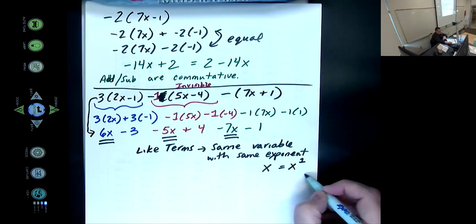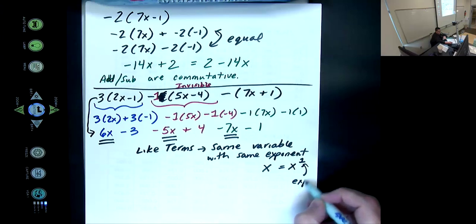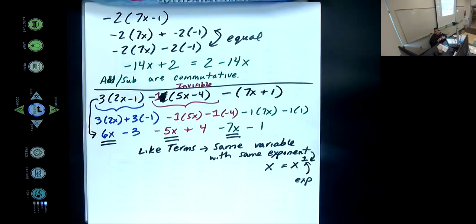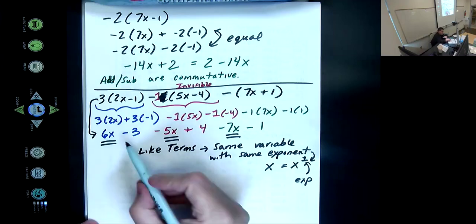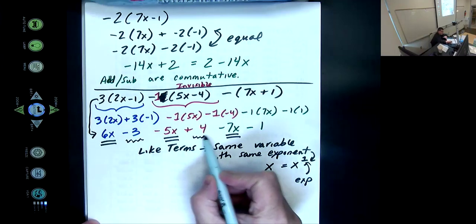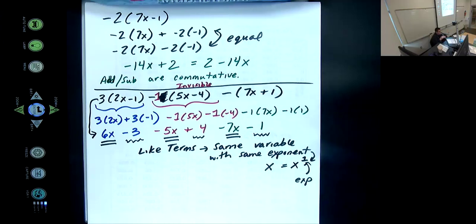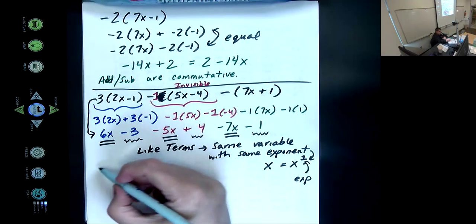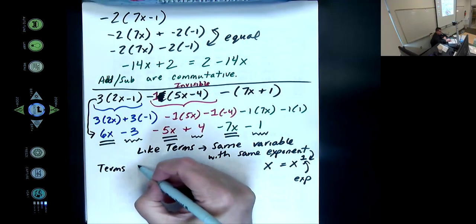That's how we list exponents up above. And the -3, the 4, and -1 are like terms. Each of these little individual things is called a term. Terms are separated by addition and subtraction.